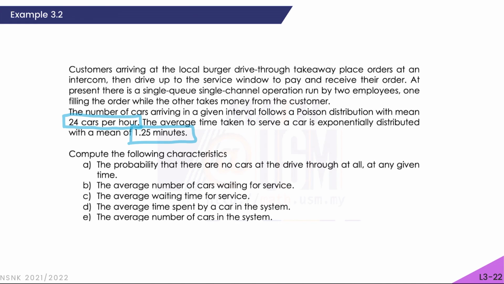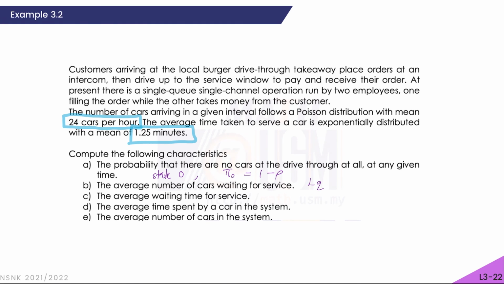So state 0, probability of no cars, refers to your pi naught, which is equal to 1 minus rho. Question B, the average number of cars waiting for service, so the average number of cars waiting in queue. That is the value of LQ.